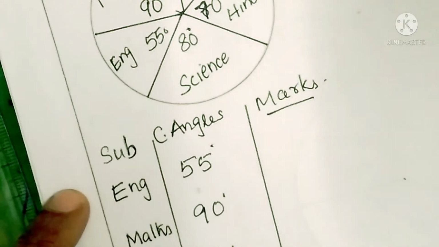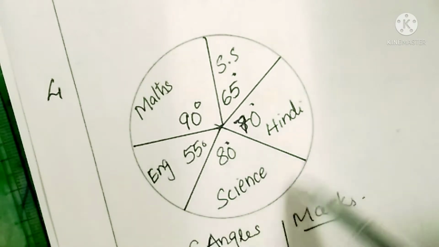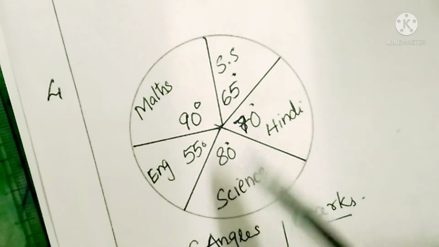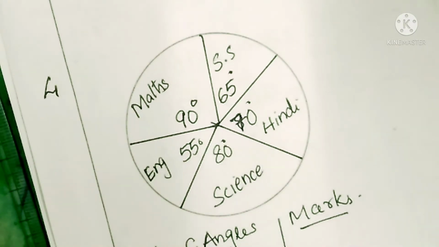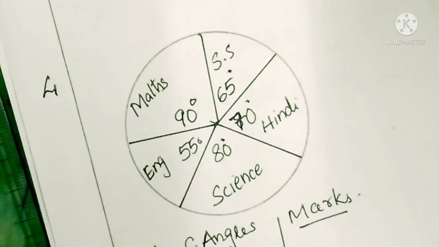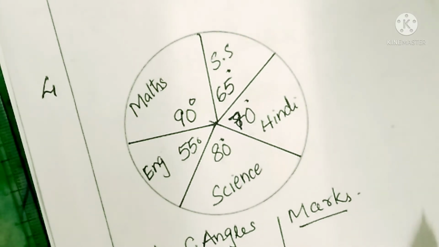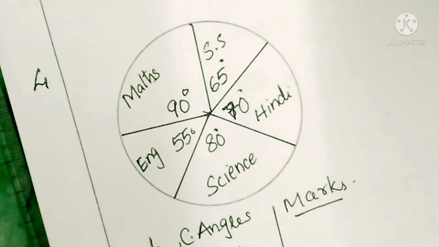Now the total mark is 540. So this complete circle is of 360 degrees. This 360 degree circle represents 540 marks. If 360 degrees shows 540 marks, then what marks will 55 degrees show?